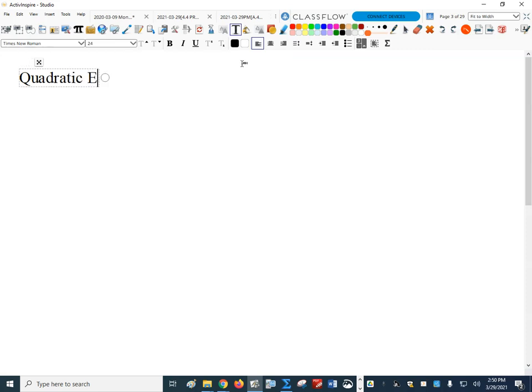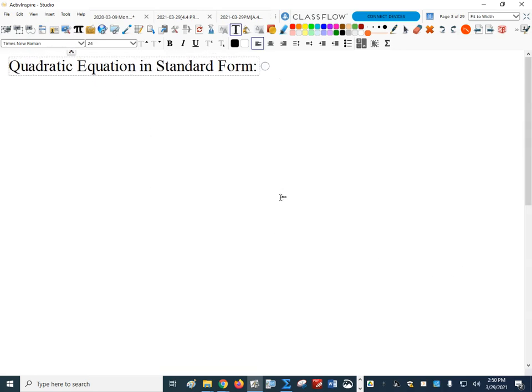Well, a quadratic equation in standard form would look like what? You guys are used to seeing quadratic functions in standard form, and that's pretty familiar, right? That would be f of x equals ax squared plus bx plus c.